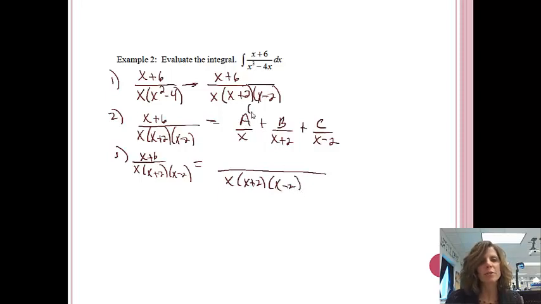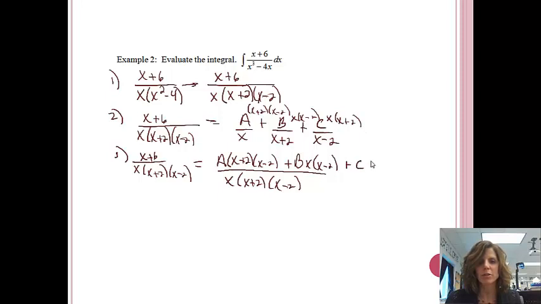The first one I'd have to multiply by the x plus 2 and the x minus 2, so this is going to be A times x plus 2, x minus 2, and then plus the second fraction I'd have to multiply by the x and the x minus 2, so this will be Bx times x minus 2, and then plus the C would have to be multiplied by the x and the x plus 2, so it will be plus Cx times x plus 2.